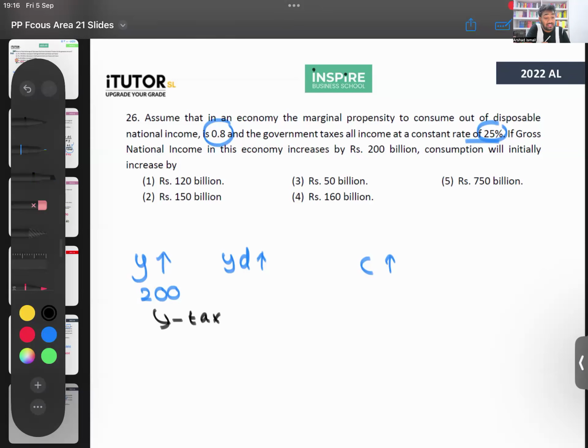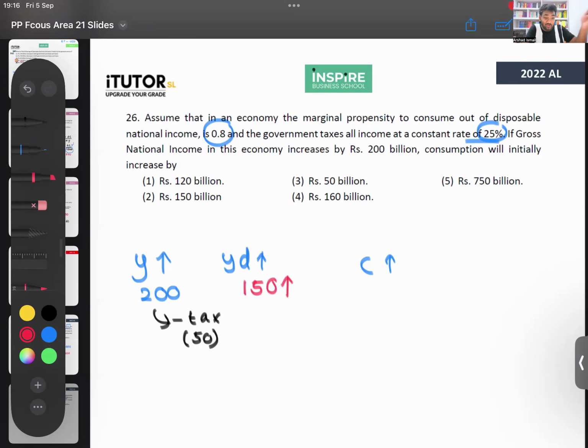How much is 25% of 200? 25% of 200 is 50. So if your income increases by 200 and you have a tax of 50, how much will your disposable income increase by? Your disposable income will increase by only 150, right?